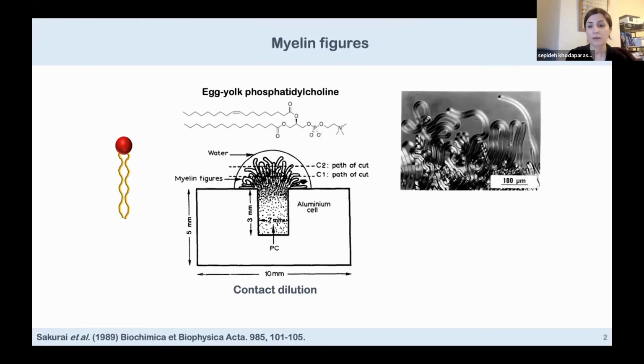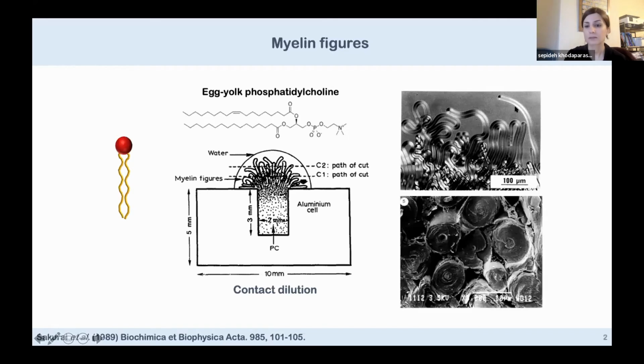And if you look at these structures under a cross-polarized microscope, they look like live, worm-like structures that move a lot. They go through all sorts of instabilities, buckling and twisting. I'm going to refer to them as myelin figures. You can clearly see that the center of these is different from the surrounding.